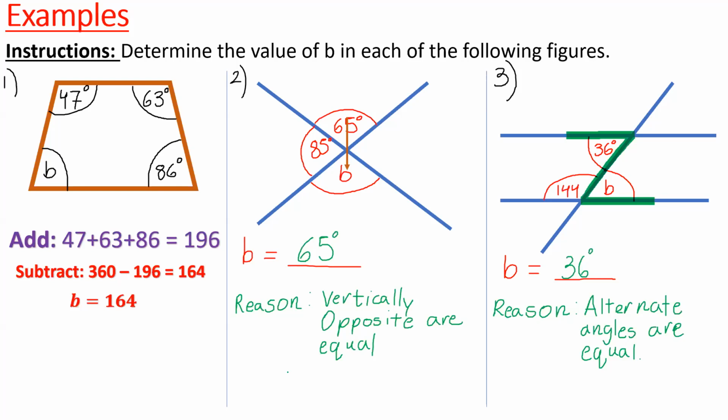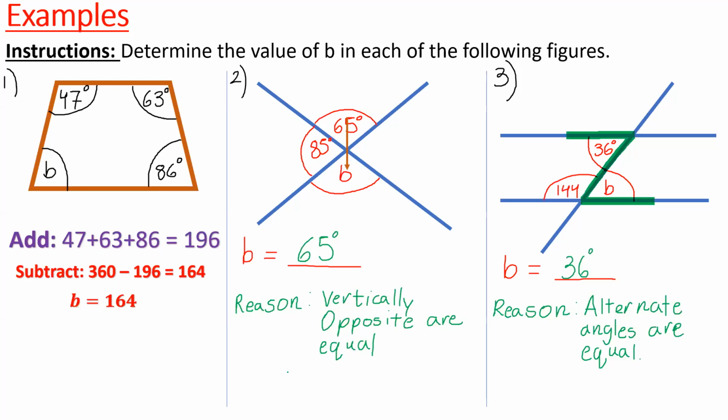Jalen, do you understand how we got our answers? Explain how we got our answer for number one. It says determine the value of B in each of the following figures.